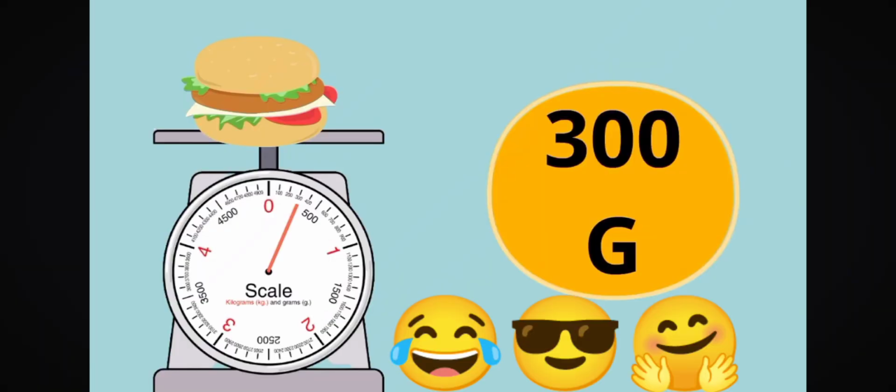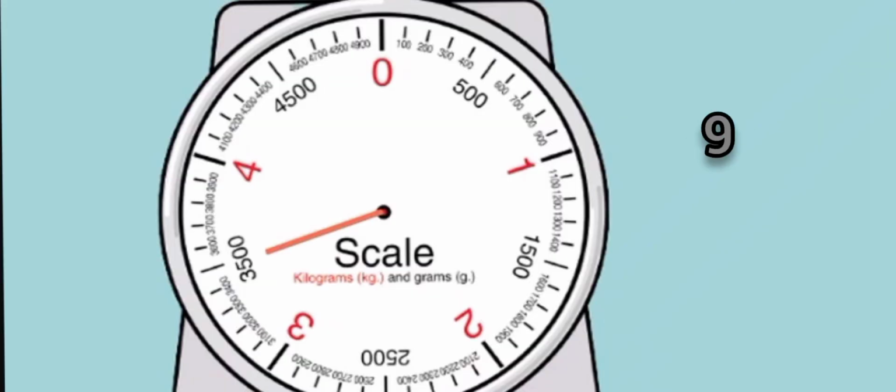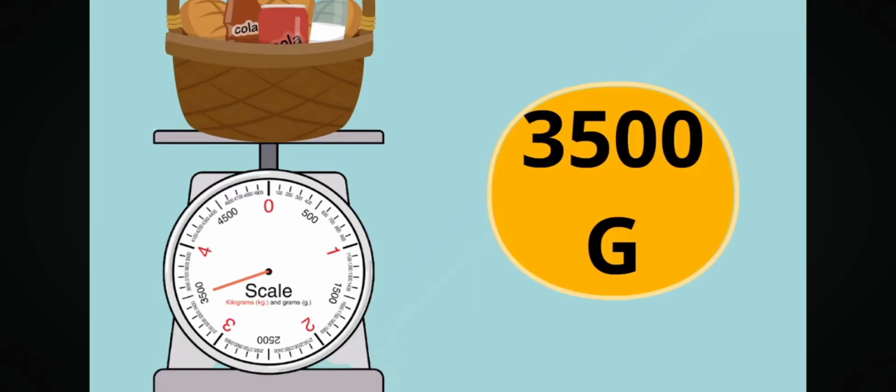Let's do another example. Next up, we have a picnic basket. Remember that the bigger lines represent kilograms while the smaller represent grams. If you said 3500 grams, you are correct.